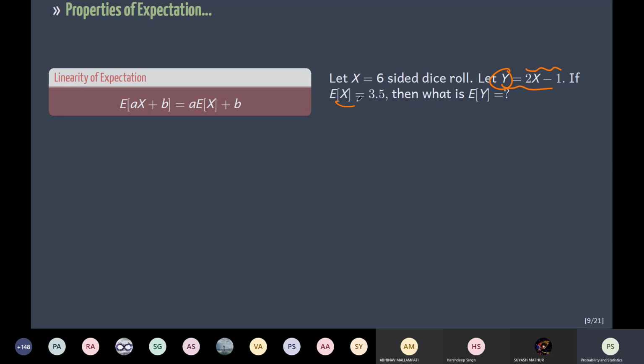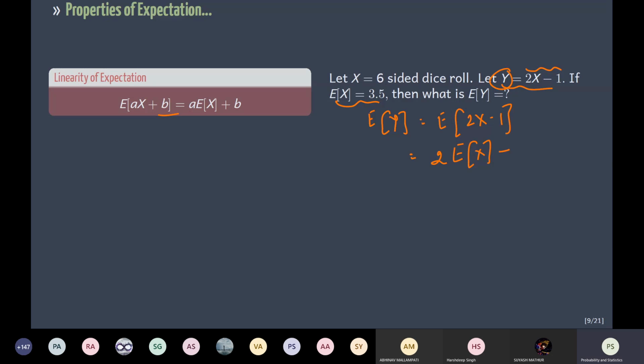If the expectation of x is given to me, then due to linearity, the expectation of y can be found, because expectation of y is expectation of 2x minus 1. Since expectation is linear, the expectation can go inside and the scalar can come out. So it's like this. Okay, and what is the expectation of a constant?